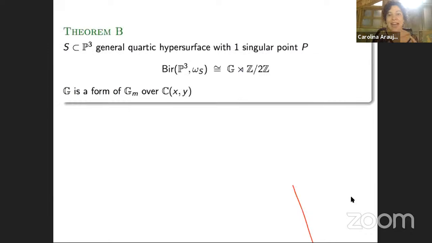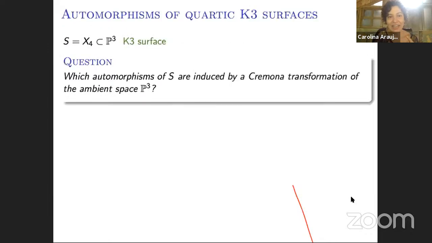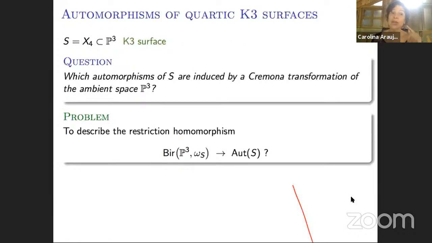But in my last slide here, I have an improvement because I'm taking S to be a smooth hypersurface. So if you have a smooth K3 surface, a smooth quartic hypersurface, then every birational self-map of S is automatically an automorphism. So this is why in this case I could use automorphism.